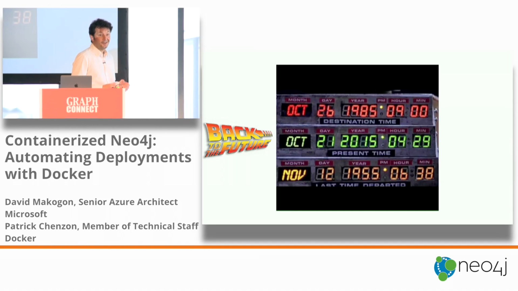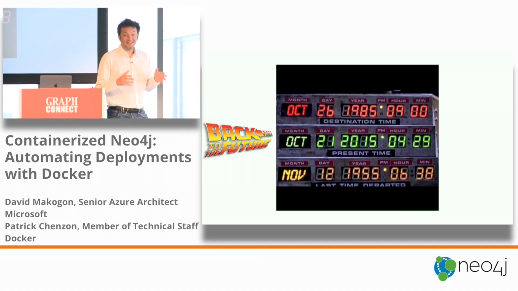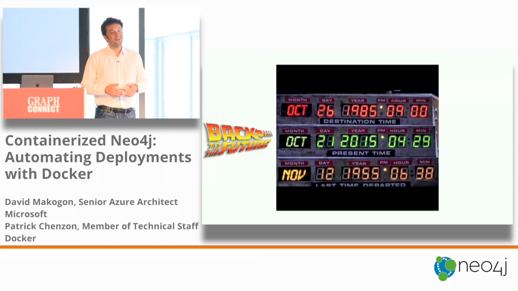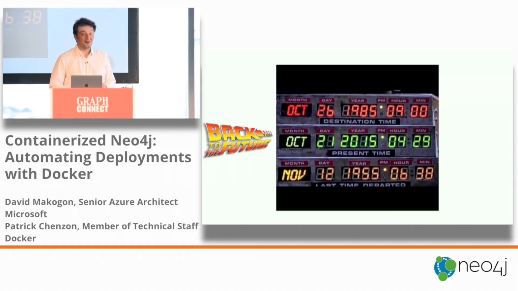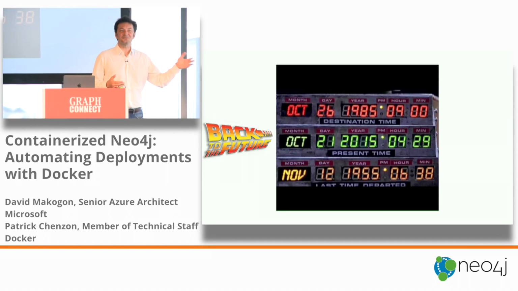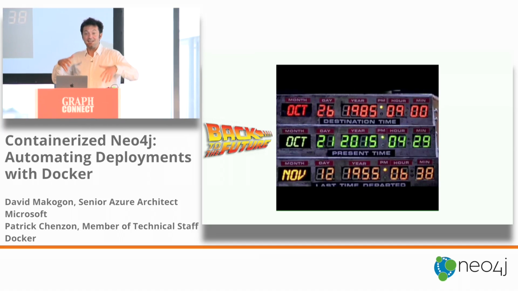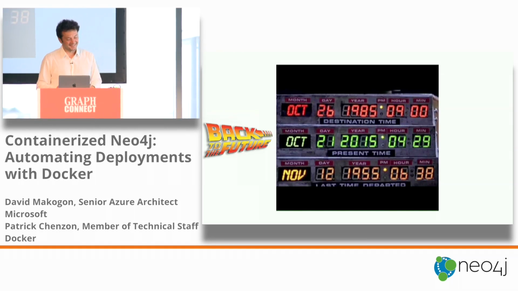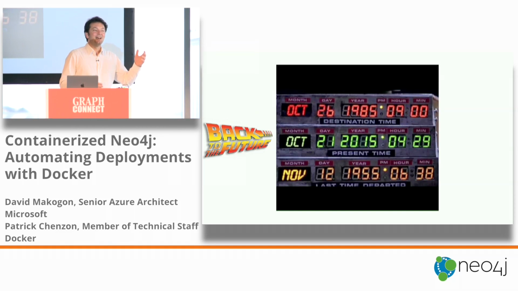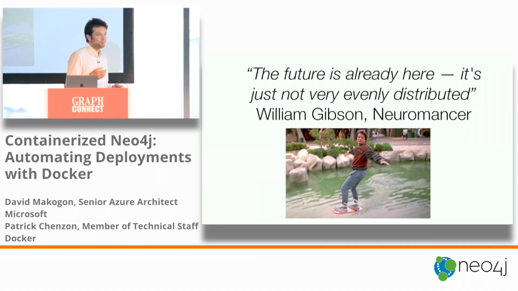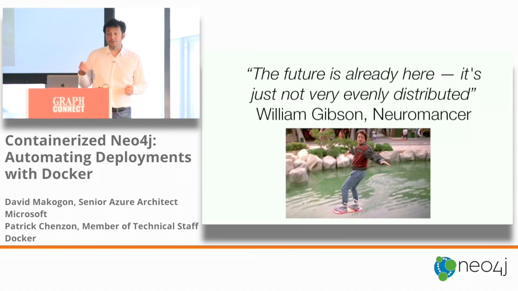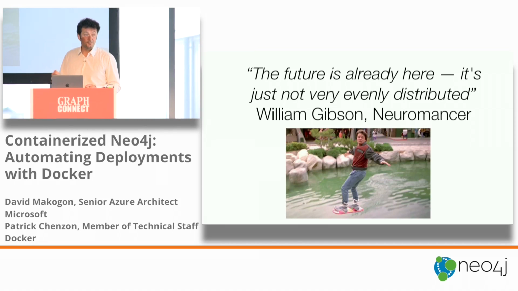I don't know if you know about that, but today is a very important date. It's October 21st, 2015. That's when Marty McFly in Back to the Future 2 is coming today, so he should be there somewhere. I don't know where the movie happens. That affects an important theme in this presentation to me. I love this quote by William Gibson: the future is already here, it's just not evenly distributed.